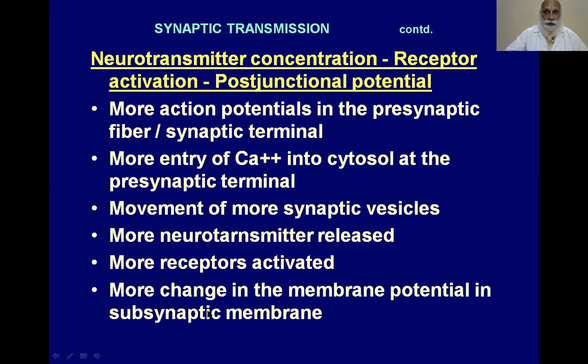And finally, at the initial segment of the postsynaptic neuron, the action potential starts when the excitatory postsynaptic potential reaches the threshold. Then the action potential will be generated in the beginning portion of the postsynaptic neuron.